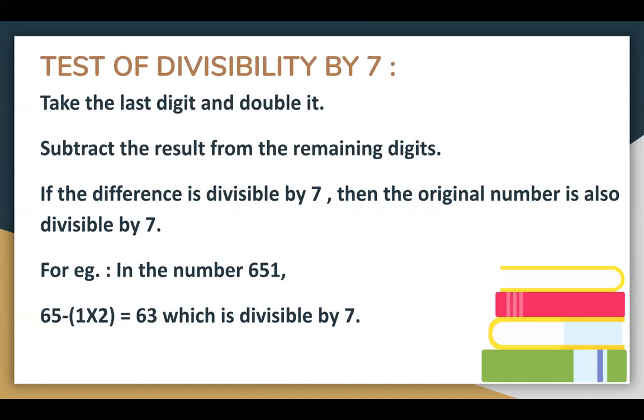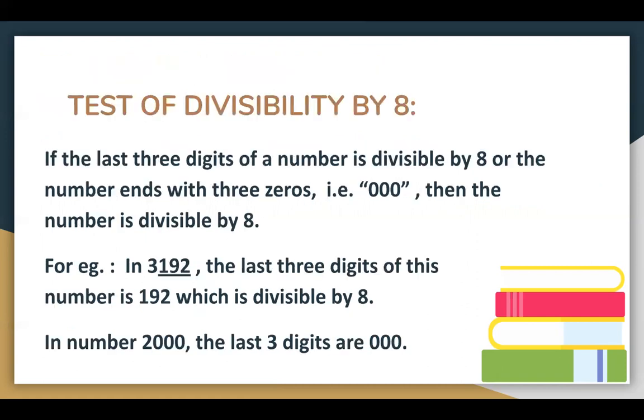From 65, you will subtract the result, that is 2. So you will get the difference 63, and the number 63 is divisible by 7. Then you can say the number 651 is also divisible by 7. Let's study the next test.